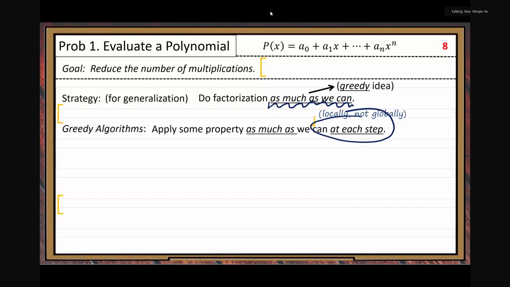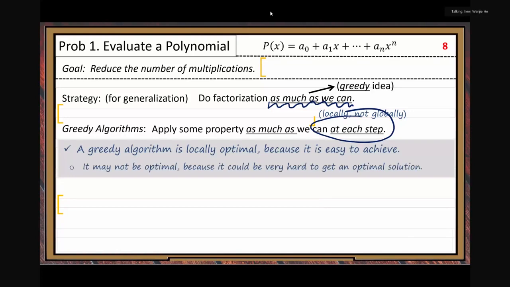That's another important property of the greedy algorithm. You may not get a globally optimal solution. But you get a solution, and you have a chance. If you're lucky, you get a globally optimal solution. If you're not lucky, you cannot get a globally optimal solution. So that's the greedy strategy.